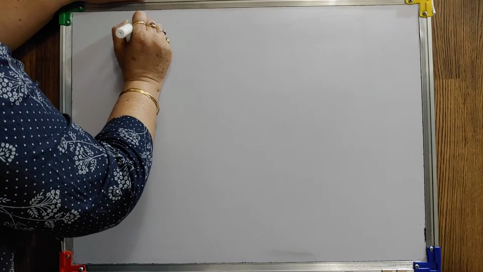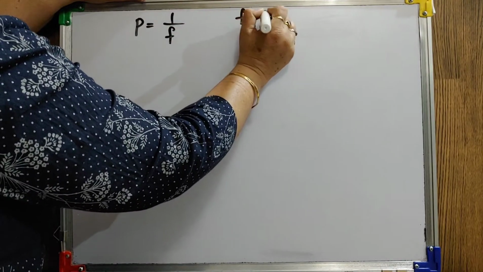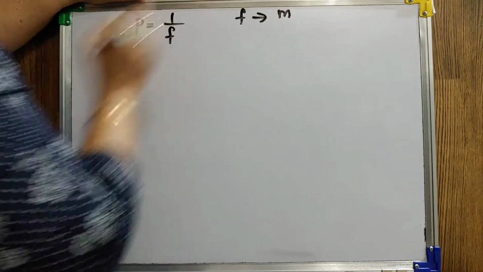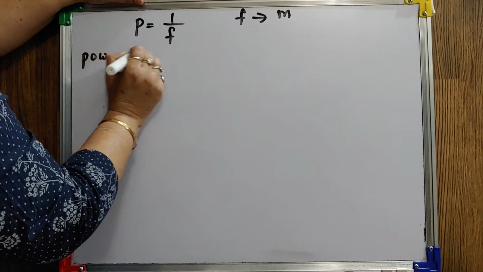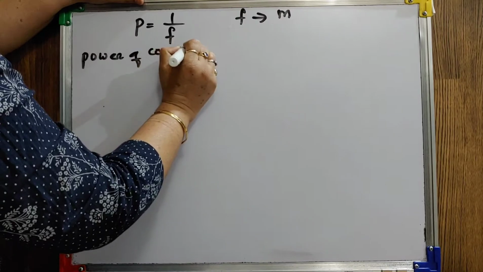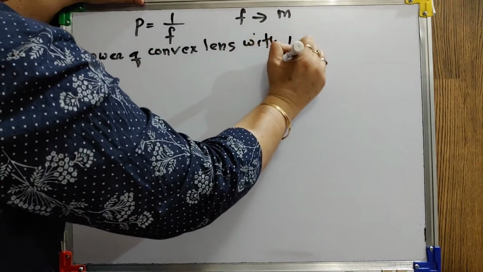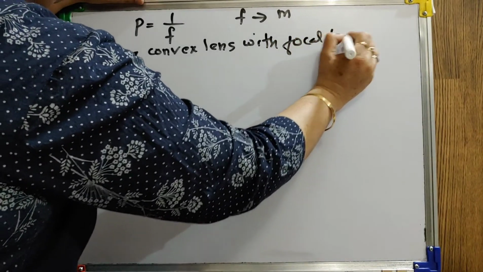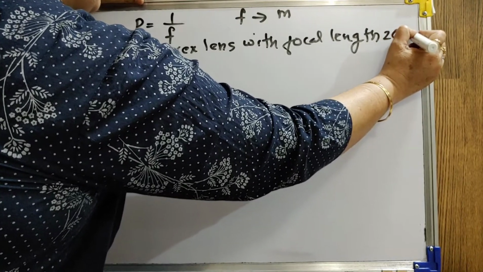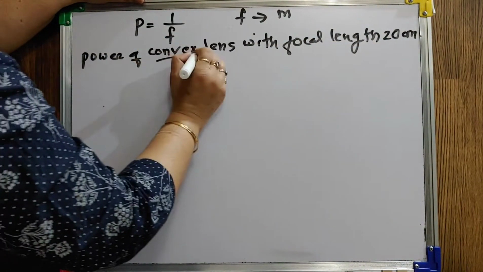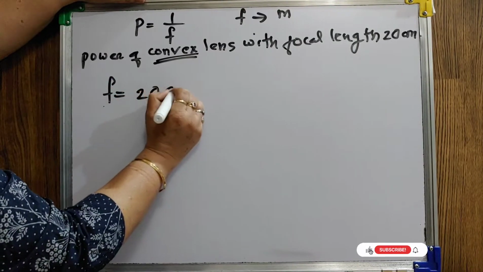Now power of lens, I told you, is 1 by f. But f you have to always take in meter. Suppose I have to find out the power of a convex lens with focal length 20 centimeter. It's a convex lens, so my focal length is positive.